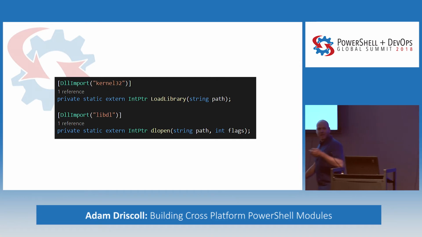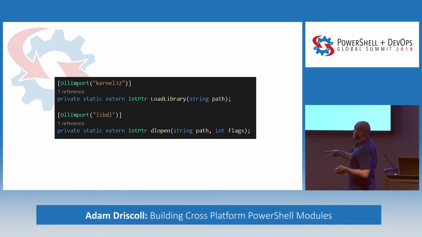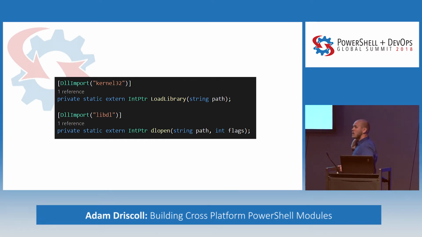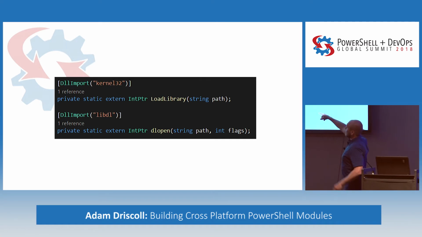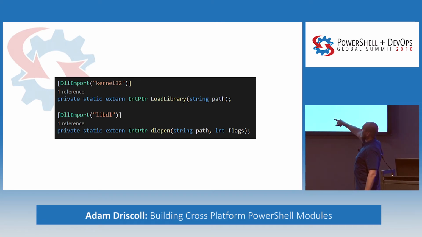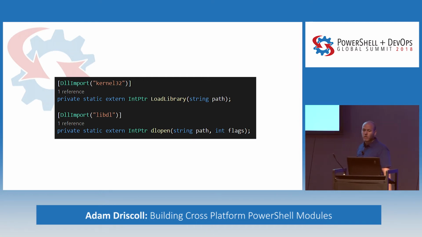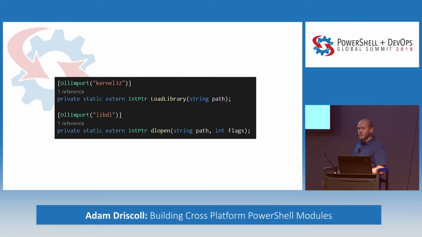So then after I get that binary path, I actually have to load it up, which there's two different ways to do. The top one is what you do in Windows. You P/Invoke to kernel32 and call LoadLibrary, passing in the path. Or if you're running on Unix-based systems, you use libdl and do dlopen. So same thing, it loads up that binary module.